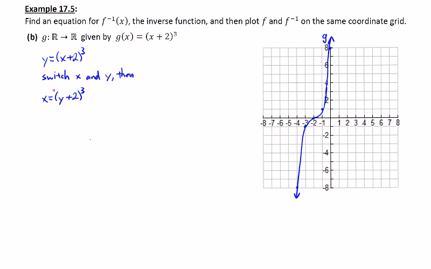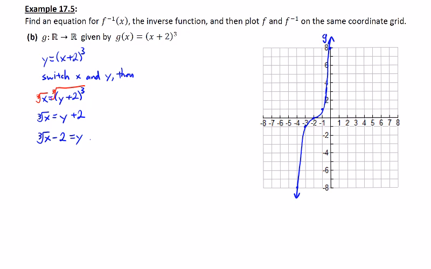I'm going to take the cube root of both sides to get the cube root of x is equal to y plus 2. Then I'll subtract 2 from both sides, saying that the cube root of x minus 2 is all equal to y.